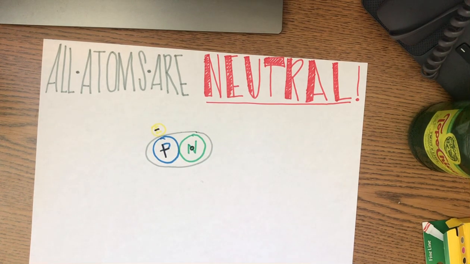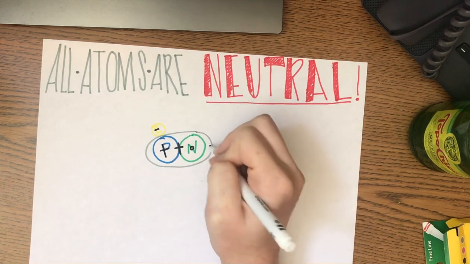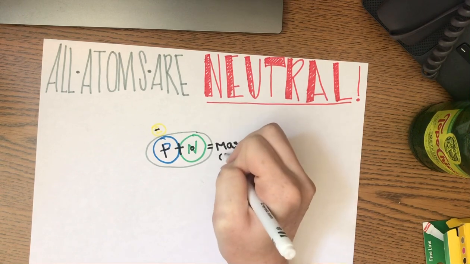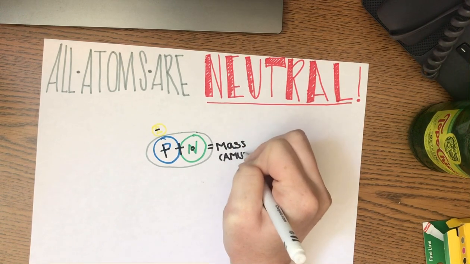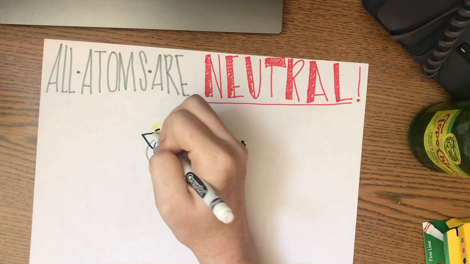We also learned to find the mass of the atom. We take our proton plus our neutron, and that tells us our mass, which we calculate in atomic mass units, also known as AMUs.